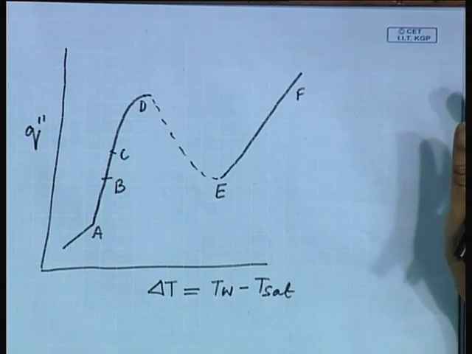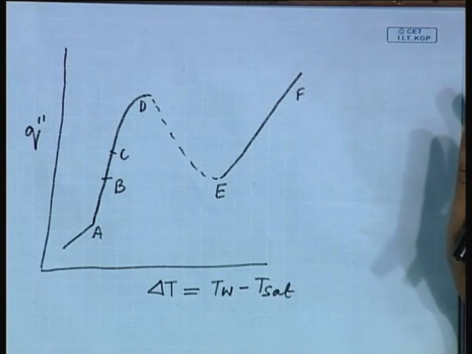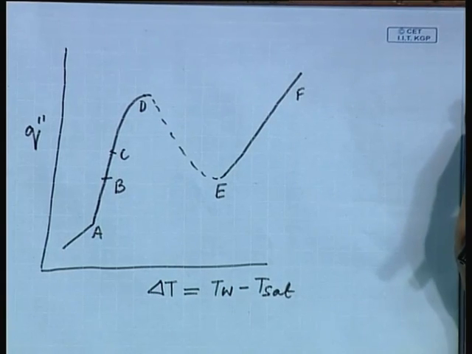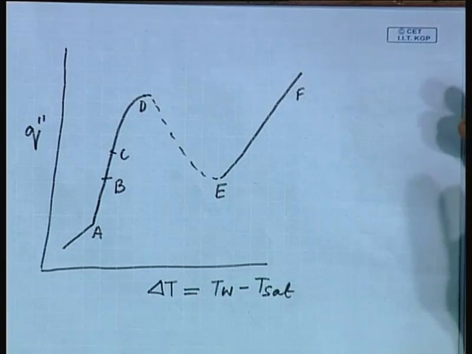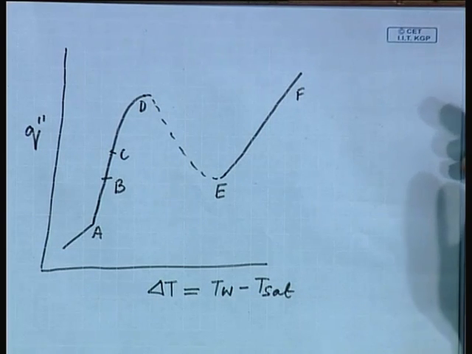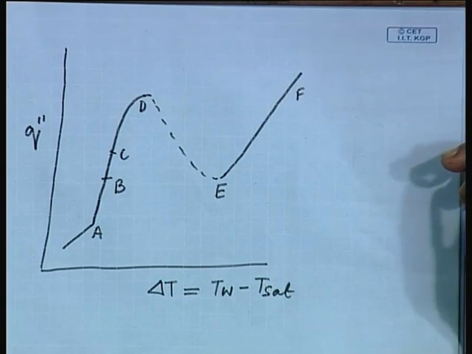From an engineering point of view, the discussion which we will have today and later on in this lecture is very important, because the estimation of heat transfer coefficient is necessary for the analysis of boiling heat transfer, for the design of boiling equipment, and for the safety of nuclear reactor systems.